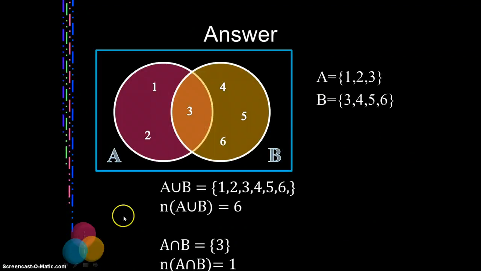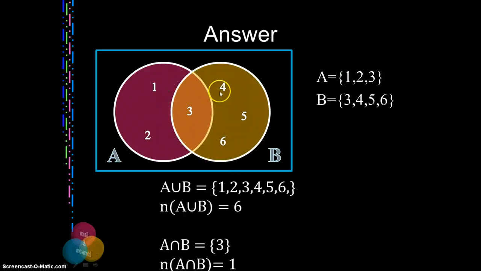So this is the answer. We have here the elements 1, 2, 3 in A, so we can find 1, 2, and 3 inside set A. And set B containing 3, 4, 5, and 6, we have this yellow circle here.